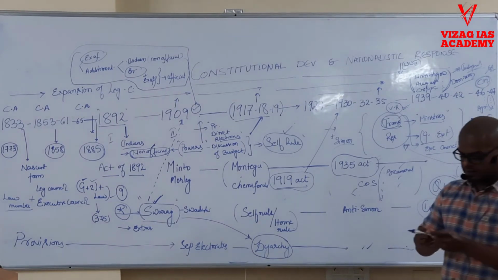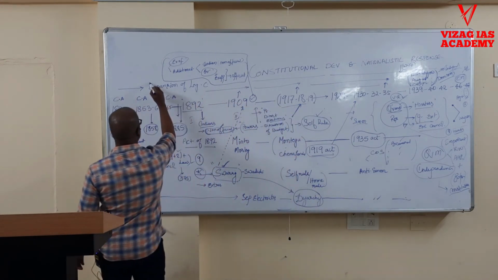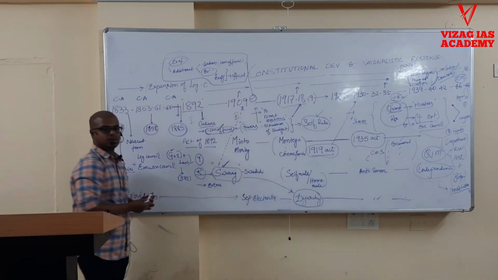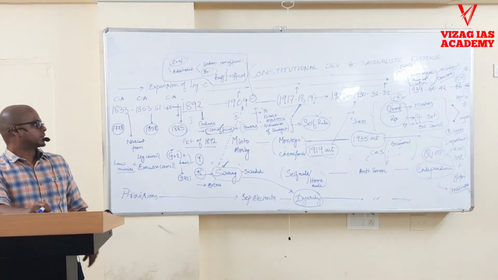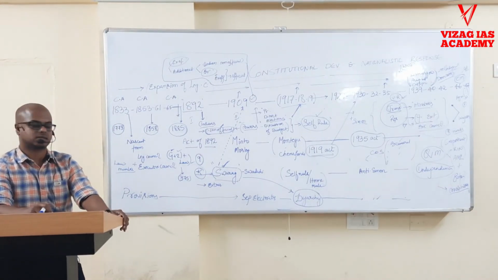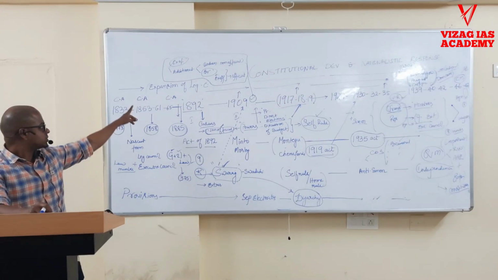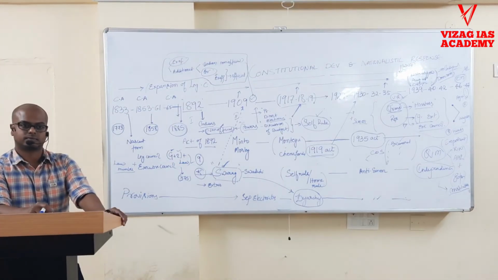So now we will see individual acts, because this is a bit confusing. Members, additional members, like official members and all that is a bit confusing. So we will see that as one line of discussion, and the other thing is, in each act, what major things have been introduced.